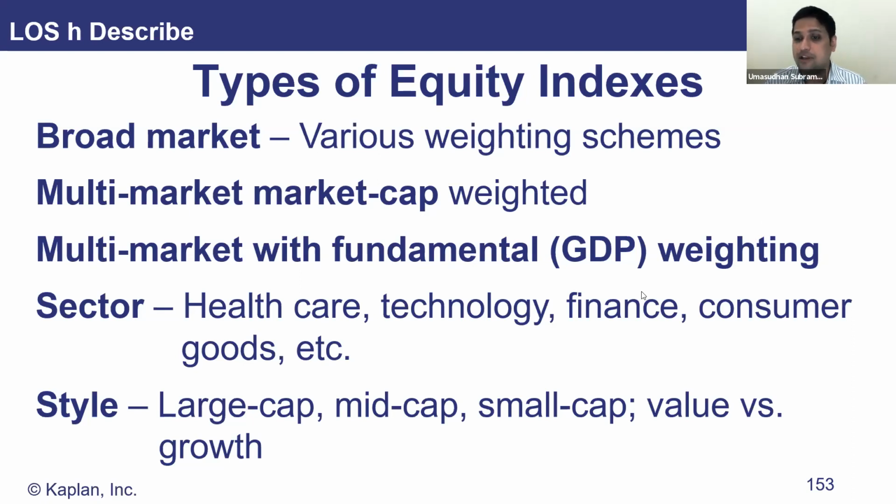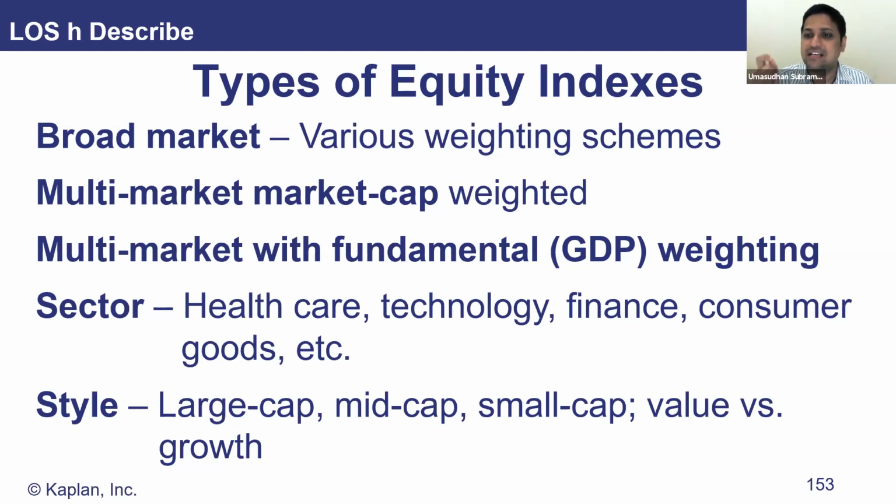Multi-market, market cap weighted, but the country weights may depend on the GDP. In multi-market, you have market cap weighting, and you also have fundamental GDP weighting. Right, so multi-market weighted. What do you mean by multi-market? It means you are going to form an index and select securities from different countries.